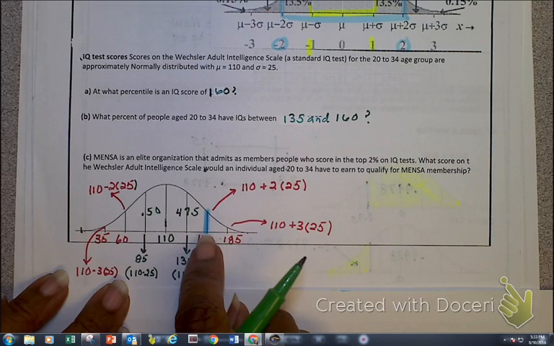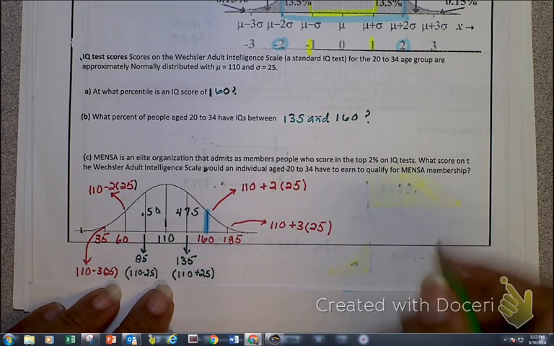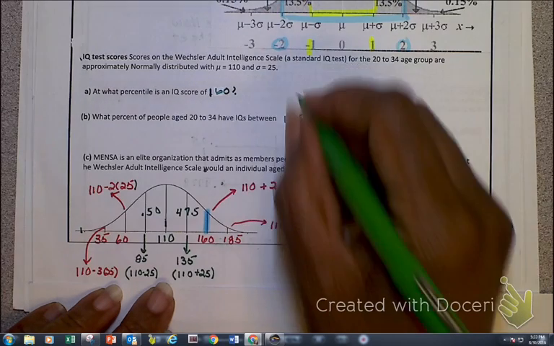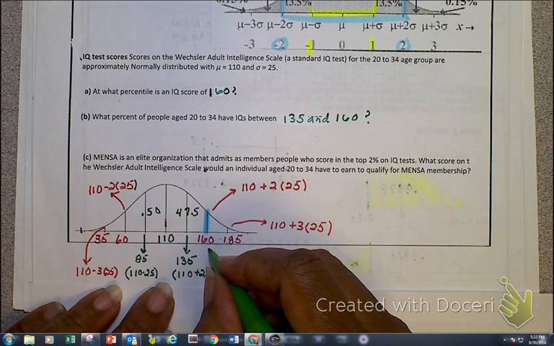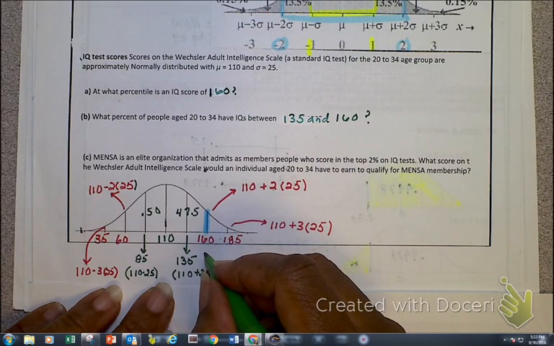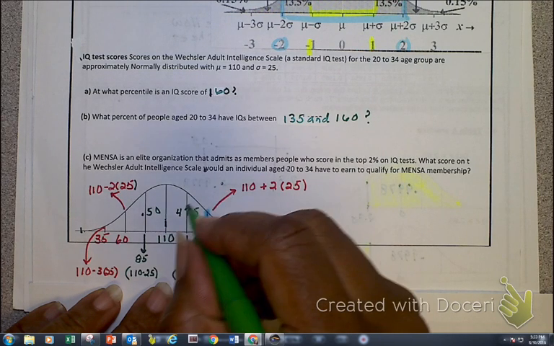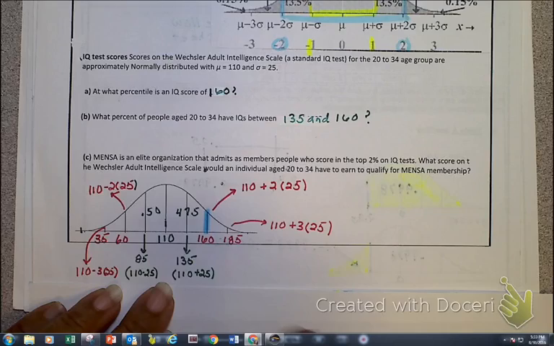To go from here to here, that is going to give me 97.5%.